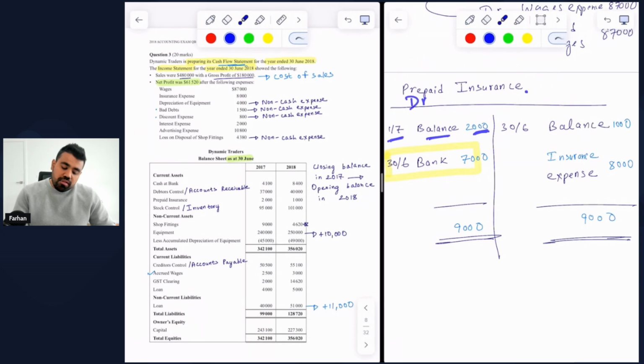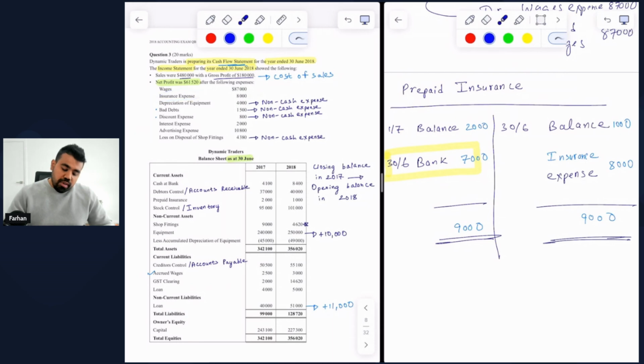And on the credit side, the closing balance for the year ending 30 June 2018 is $1,000, which we have just taken from the balance sheet. We know that during the year, we have expensed $8,000 in prepaid insurance, and this amount is what we have got from here.